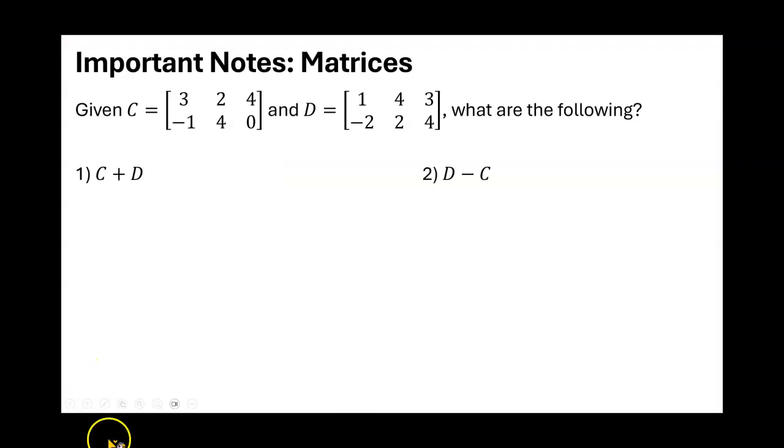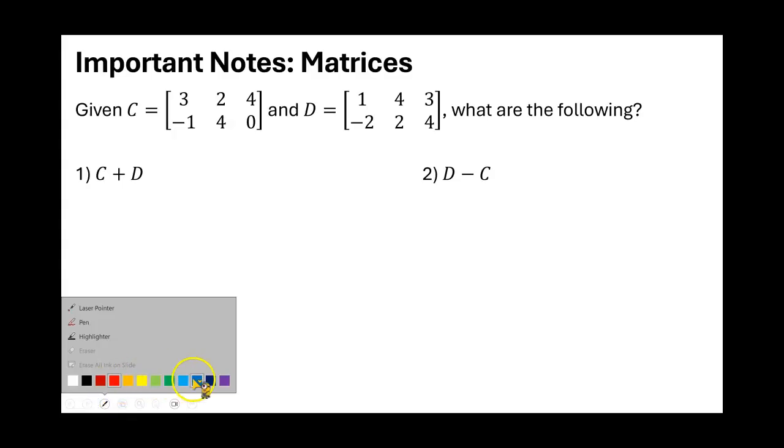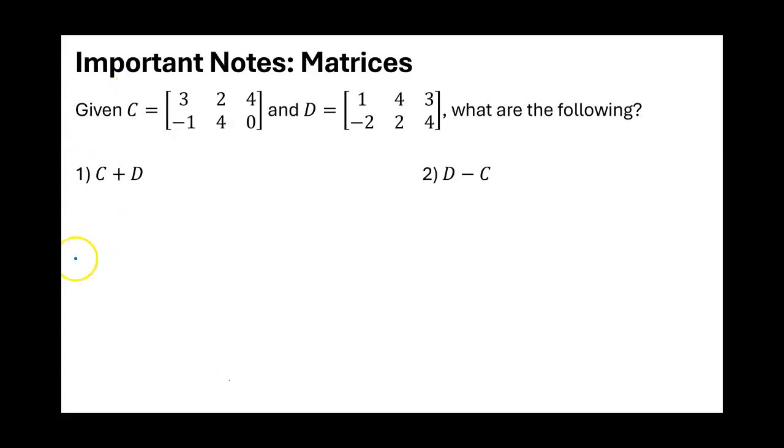So let me just activate my pen here. So pretty much what happened with the calculator, if I am going to explain how the calculator actually worked it out, is that it just added the same positions. So for example, this particular element is corresponding to this.